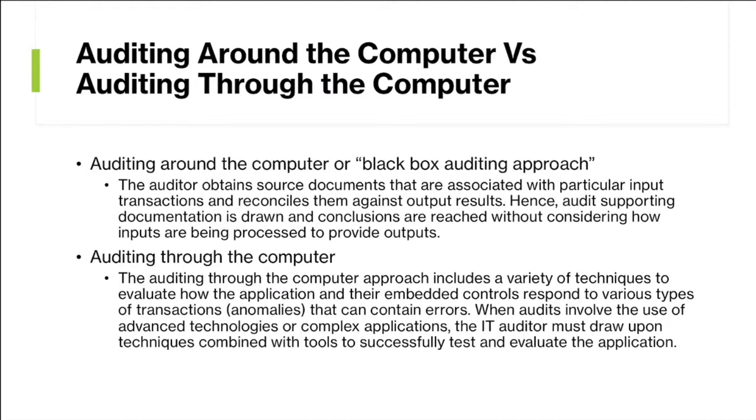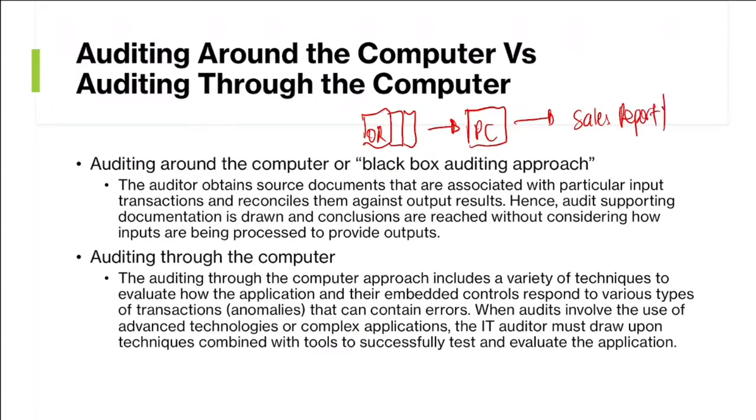So for example, you have different ORs, then they are processed in the computer to provide you with a sales report. So this is our input, our process, and our output.